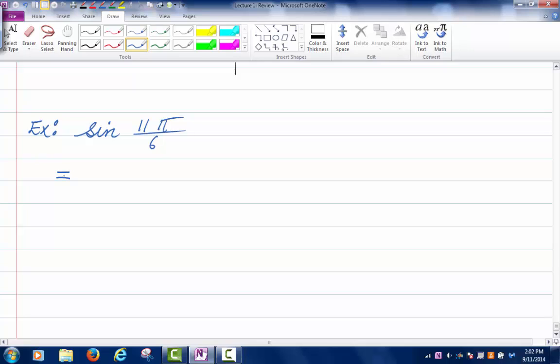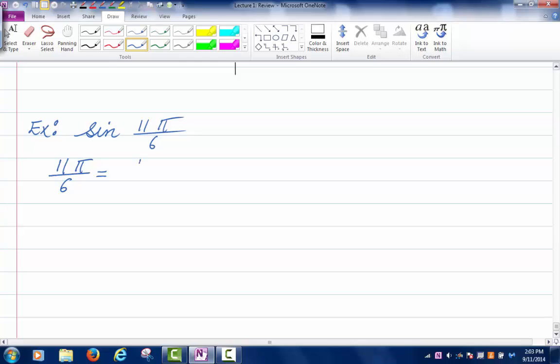First of all, 11 pi over 6, what I'm going to do is write 11 pi over 6 in the following way. I am going to look at what's the closest integer to 11, which is a multiple of 6. 12.